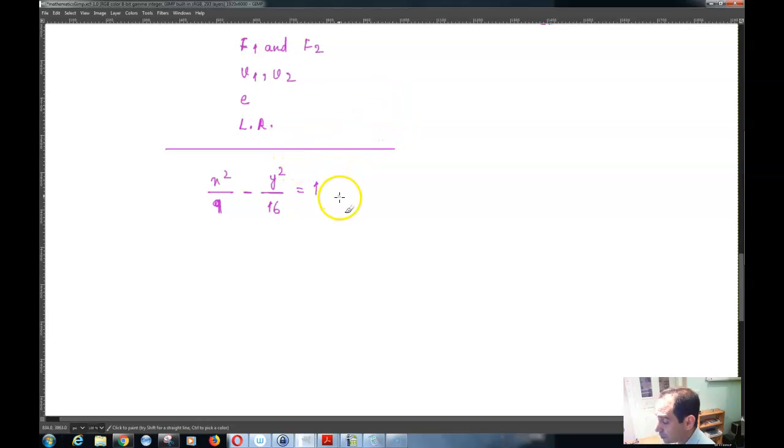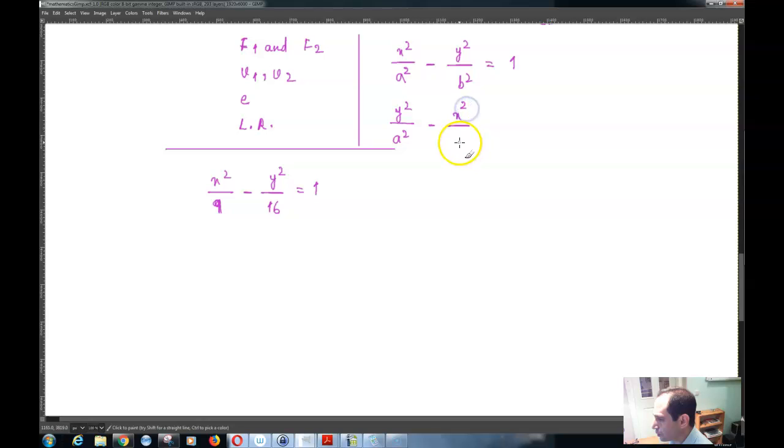So basically the equations of the hyperbolas that we had were either x squared by a squared minus y squared by b squared equal to 1, or y squared by a squared minus x squared by b squared equal to 1. So now you can see that over here your y is the negative term.